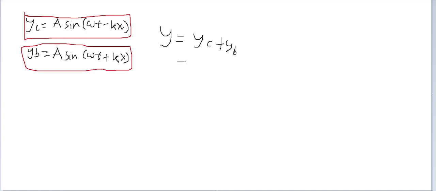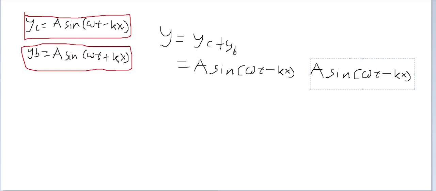We put the formulas inside: A times sin of omega t minus kx, plus the same formula for YB.